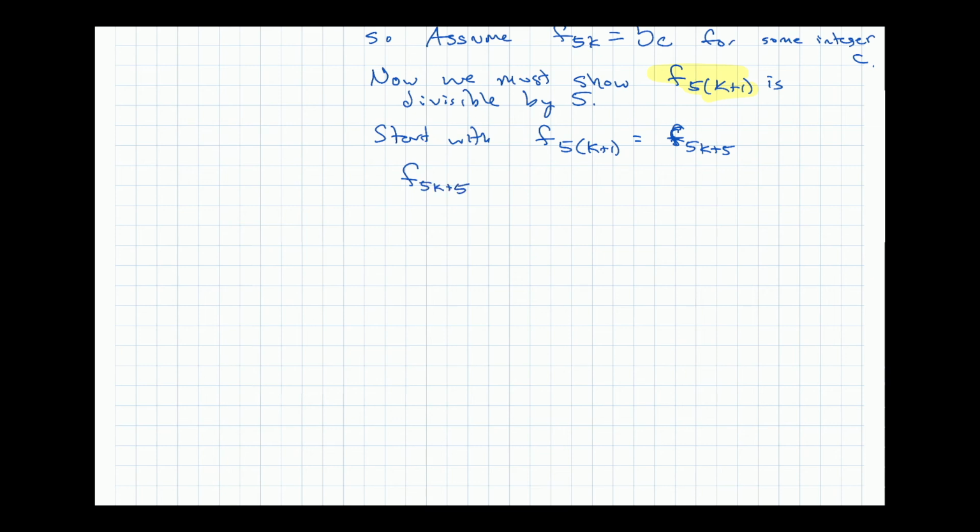Now what we need to do is break this up into smaller Fibonacci numbers. We don't do it with specific Fibonacci numbers here, but off to the side, I'll give you the idea. Let's say you were talking about f7. f7 is just a Fibonacci number. It's not important. But you would be able to say that f7, for example, is f6 plus f5.